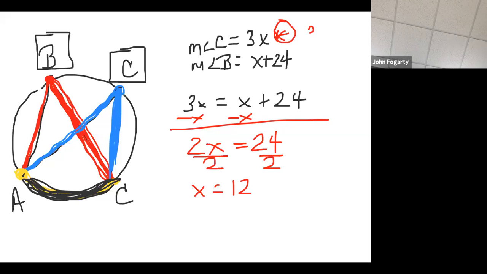Well, 3 times 12. What's that? 36. And then I should get the same thing here. If I put 12 in there, what's 12 plus 24? 36. That makes sense. Hey, fellas, if angle B and angle C are both 36, what's this?